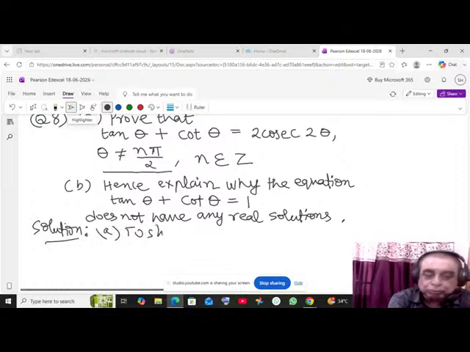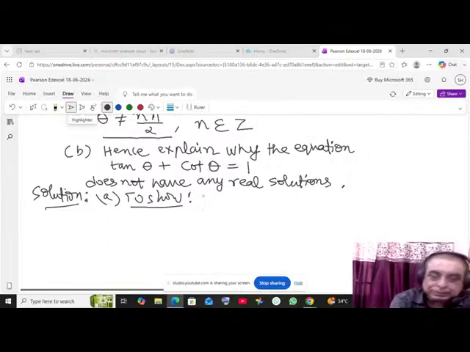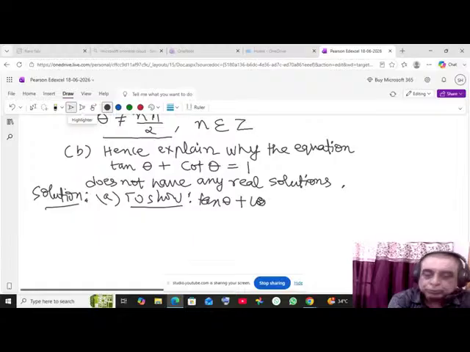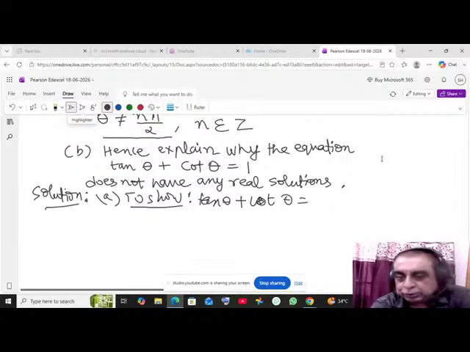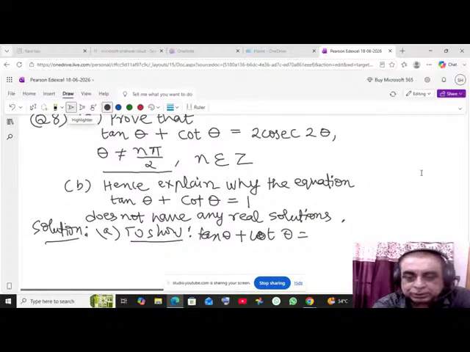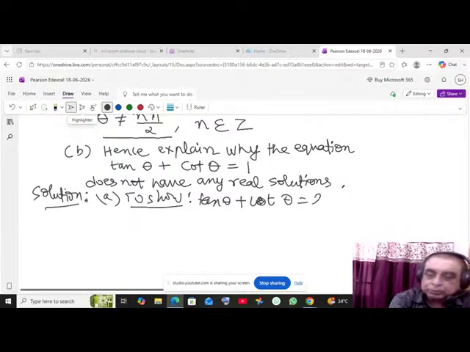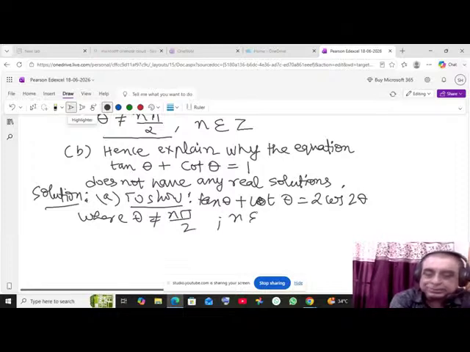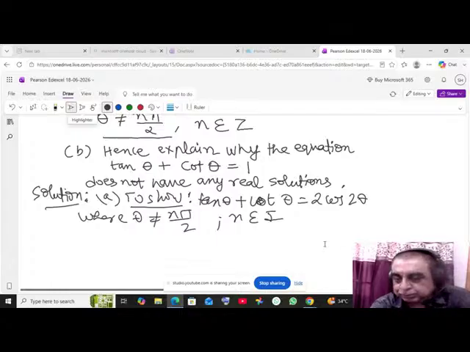We have to show that tan theta plus cot theta is equal to 2 cosec 2 theta, where theta is not equal to n pi by 2, where n is some integer. That is asked to us to prove.